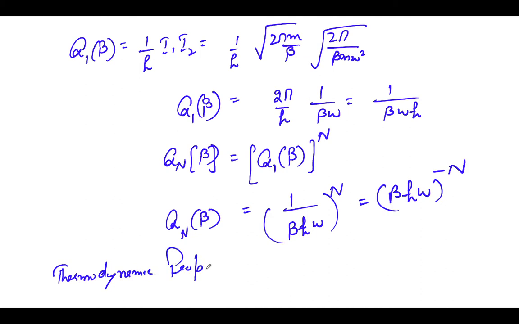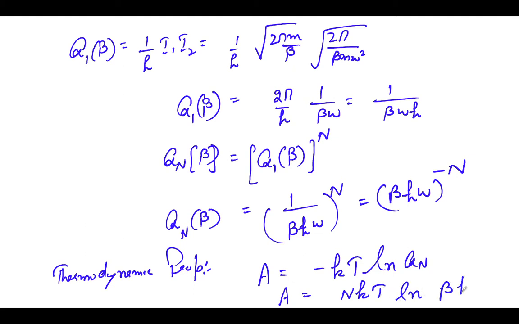such as Helmholtz free energy, chemical potential, pressure, entropy, and so on. So the Helmholtz free energy, you are familiar with this equation, is minus kT log of Qn. Putting the value of this partition function, A comes out to be nkT log of beta h bar omega.